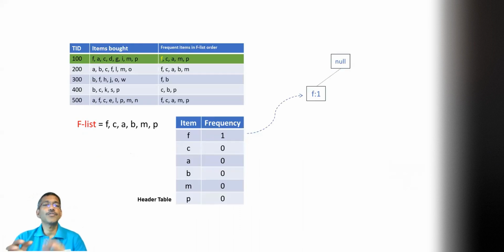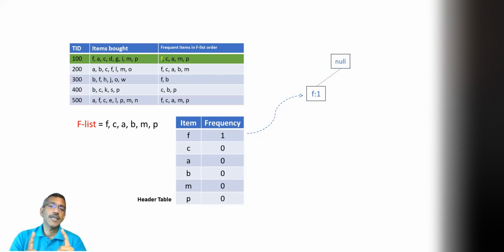So if you take the first transaction shown on the slide, we take the first F that we have. When we encounter the first F, because we don't have any F in the tree, we create the first node, an F node, and we put the frequency as 1.